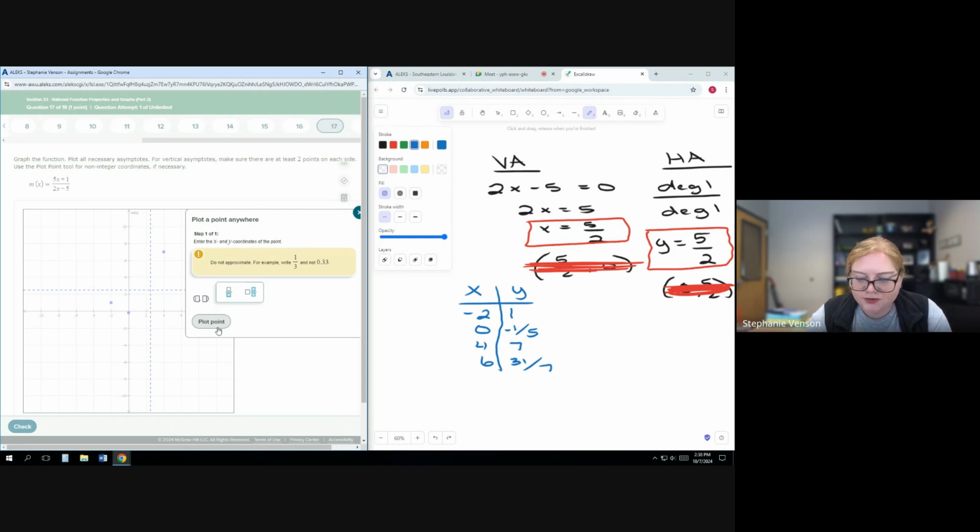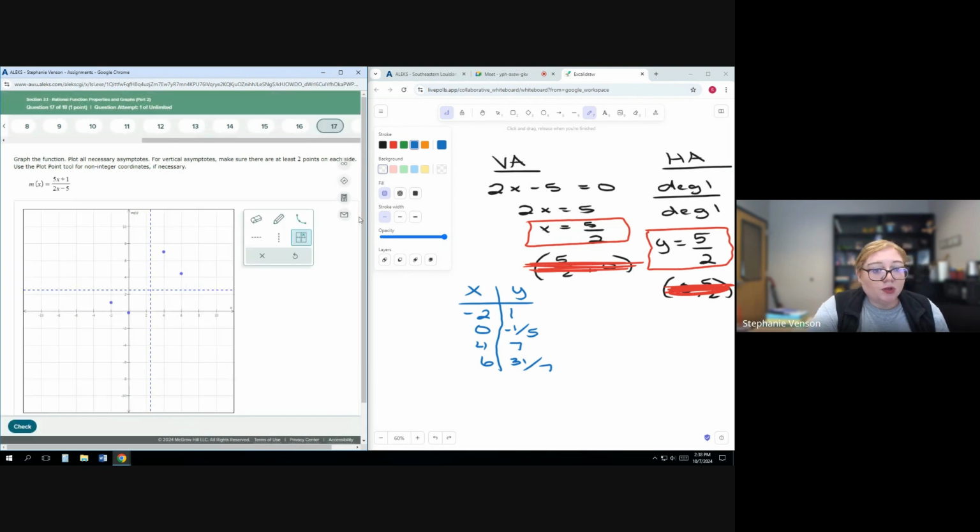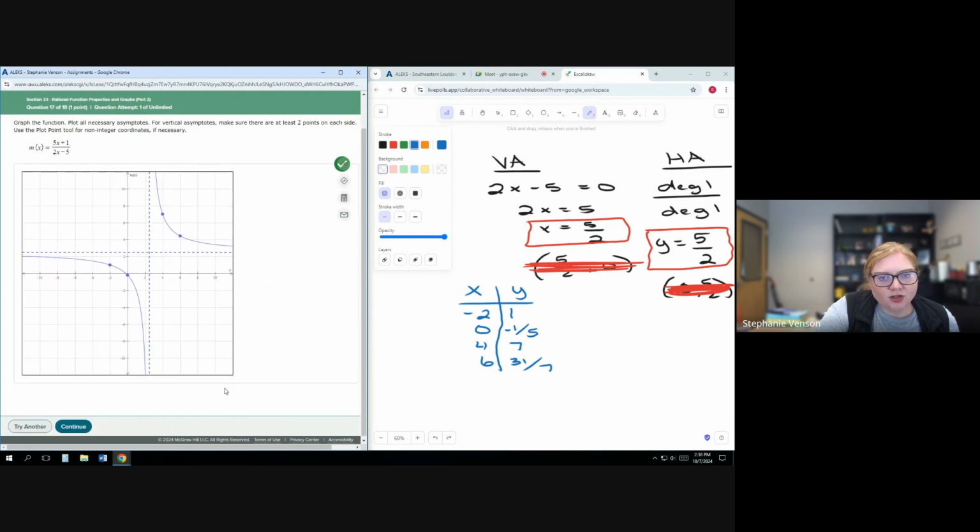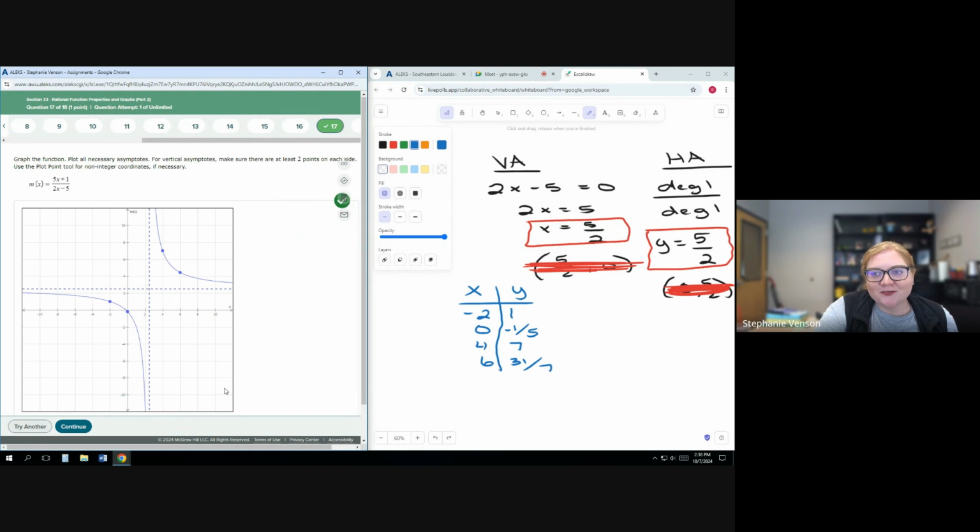And then we have 6 and 31 over 7, plot the point. So we've plotted all of the asymptotes and points they wanted us to plot. As a final step, all we have to do is click the graph a function button and it will draw curves through those points. So we're going to click check and there you go. That's all you have to do.